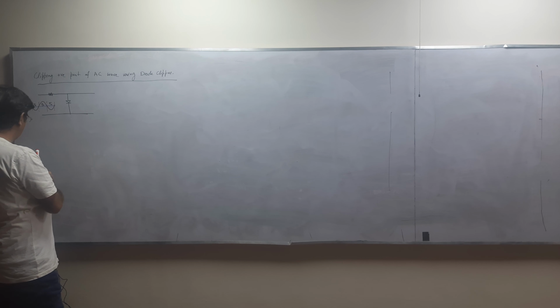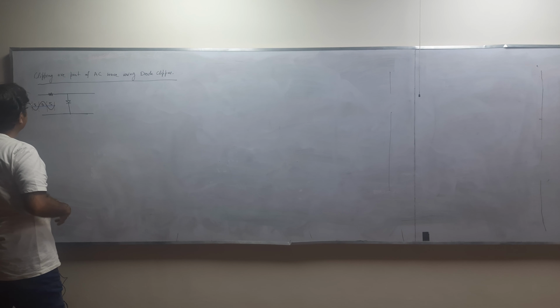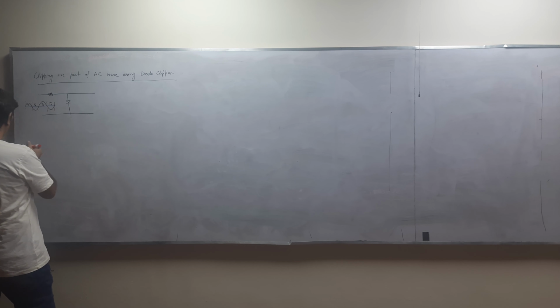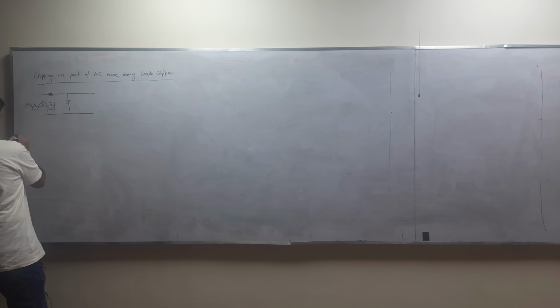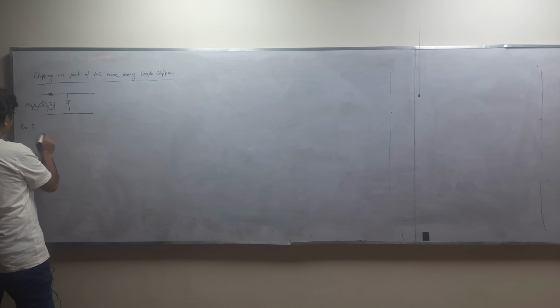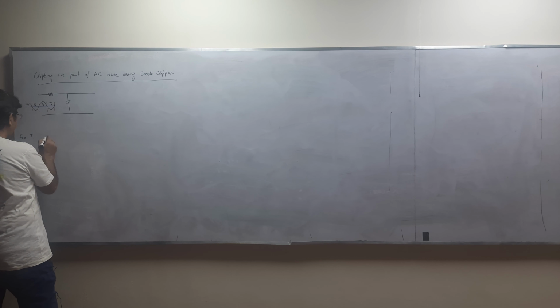So what will be the output wave? Let's start with T1. For T1, the input wave shape will be this.